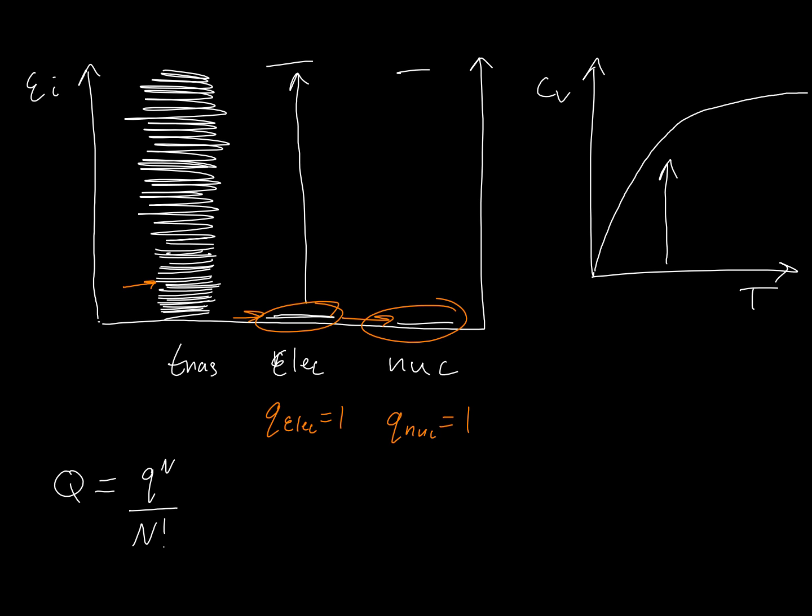In interacting systems, that's not the case, right? Because you have energy stored up in the interparticle interactions. So you have to keep track of other particles, and they're not independent anymore. But if you recall, when we combine independent processes that are indistinguishable, this is how we do it: Q to the N divided by N factorial, which is the indistinguishability factor.